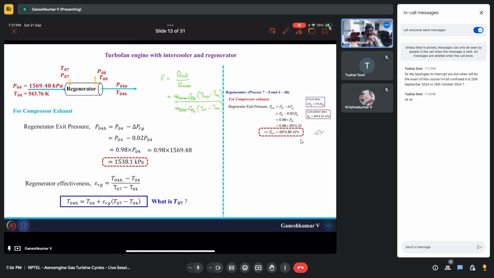You should be able to find T04H, but ideally T07 we don't know, and we need T07. You can see here that Q maximum involves T07 and T04.